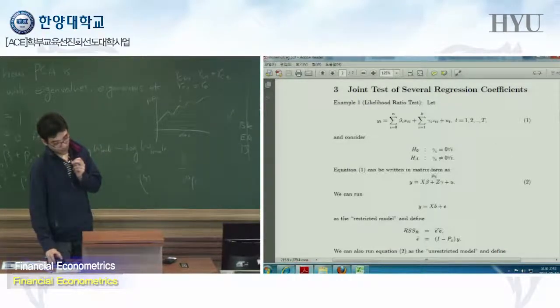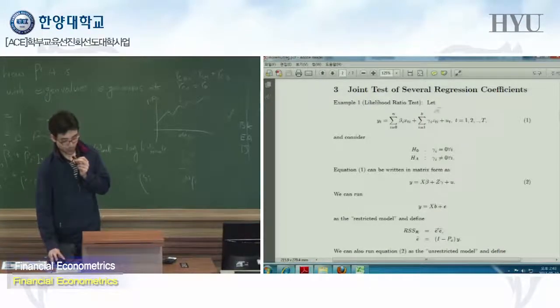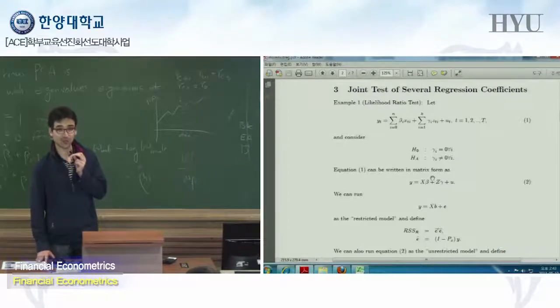And then what we can do is, instead of running this regression, we can run this regression too. Our intuition is that if all gammas are 0, then it doesn't matter whether we run this regression or this regression. Why? Because even though we run this regression, since all gammas are 0, this term simply goes away.